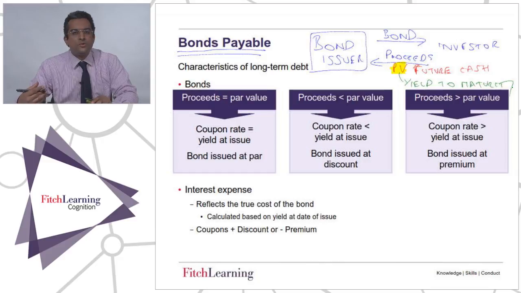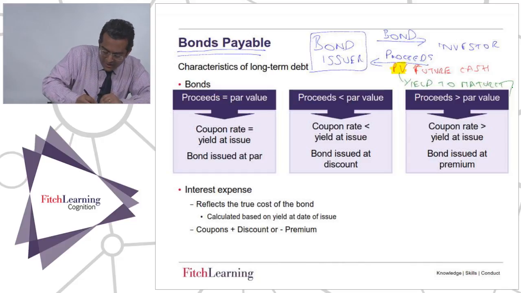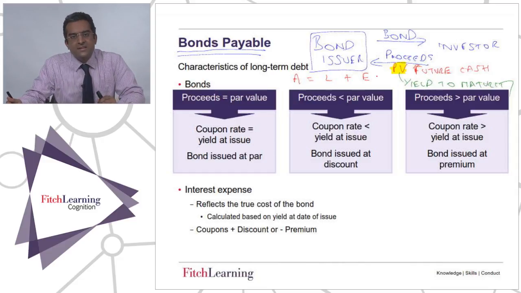I'll be showing you in a moment what's called the amortized cost method, which uses the yield to maturity at issuance. Okay. Now, in terms of a balance sheet, what I like to do is just to write out a balance sheet formula, which I'm sure you're familiar with. If I write letters A, L, and E: assets equals liabilities plus equity.